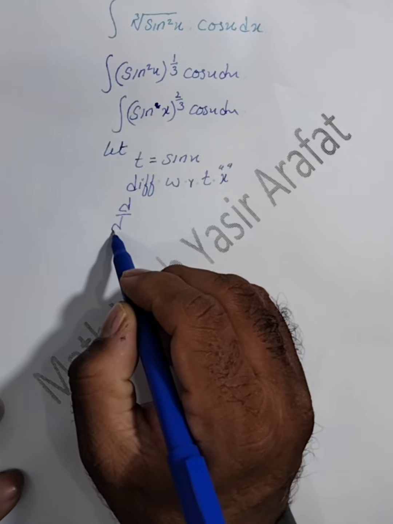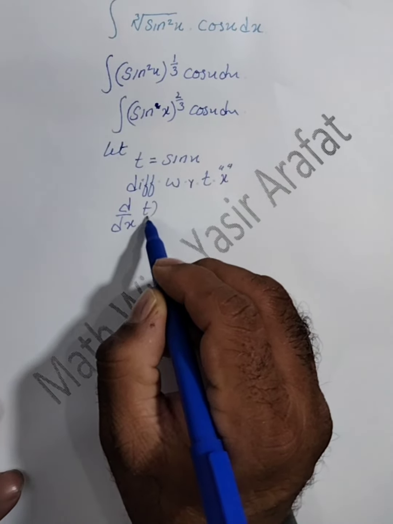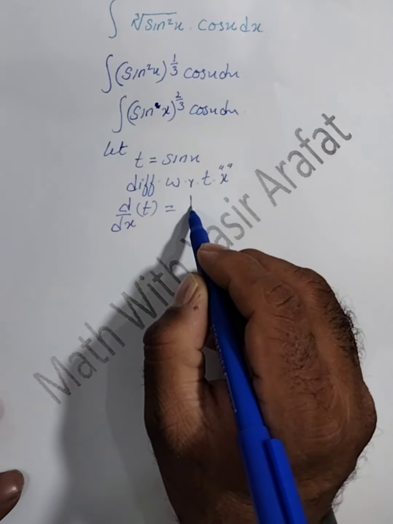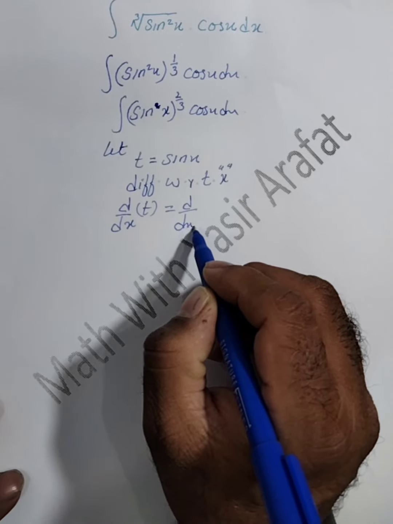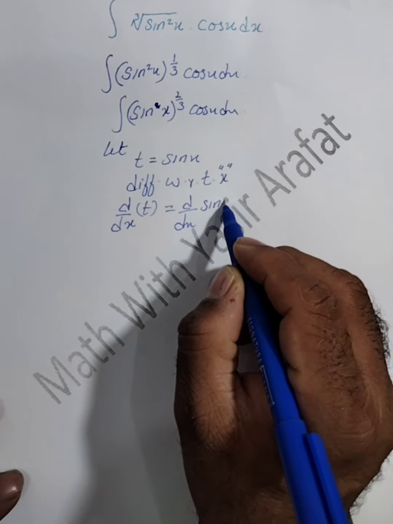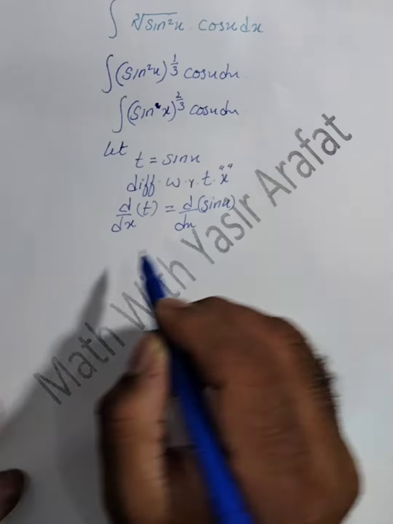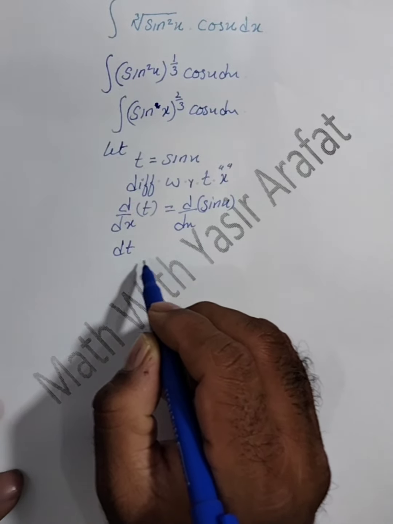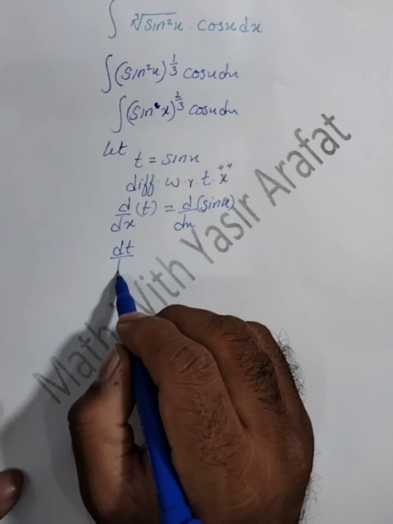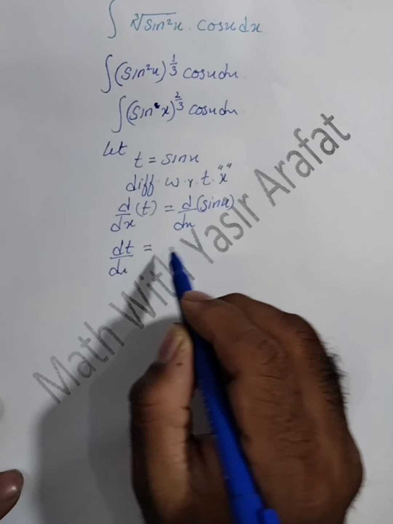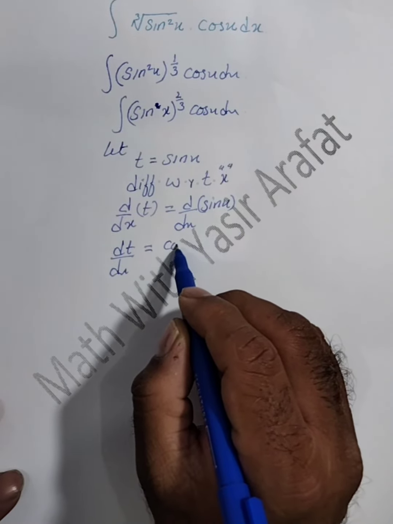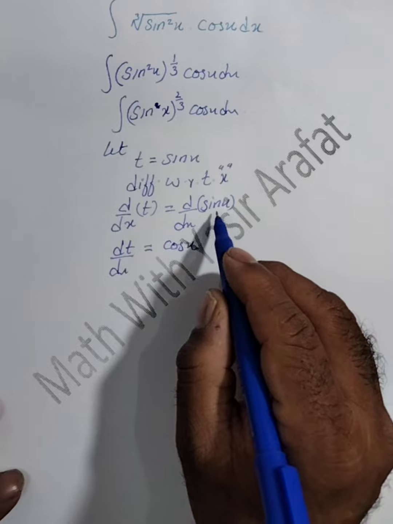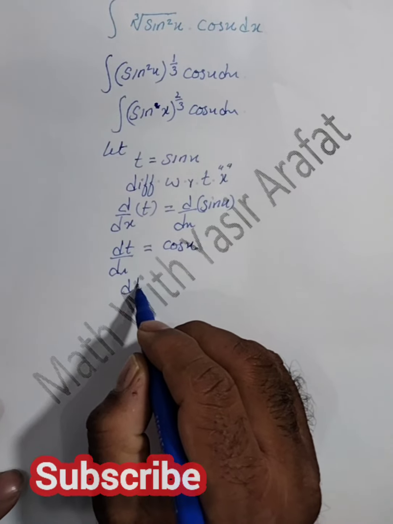So this is d/dx of t and d/dx of sin x. So dt over dx, the derivative of sin x, is cos x.